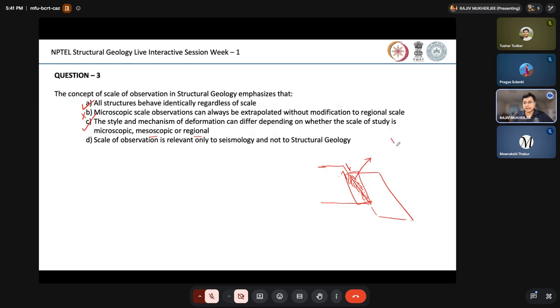So if this is my damage zone, there will be extremely fragmented rock mass around the fault surface. These are brecciated rocks. This will be known as the damage zone.